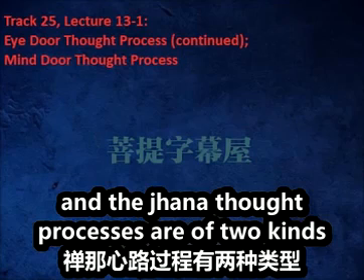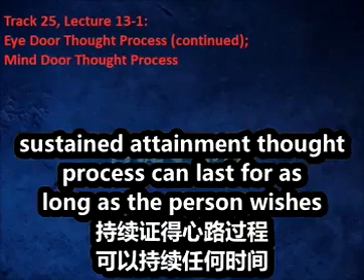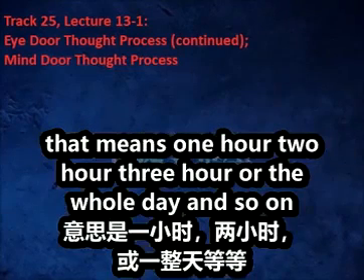And the jhana thought processes are of 2 kinds: first attainment and sustained attainment. So a sustained attainment thought process can last for as long as the person wishes. That means 1 hour, 2 hours, 3 hours, or the whole day, and so on.